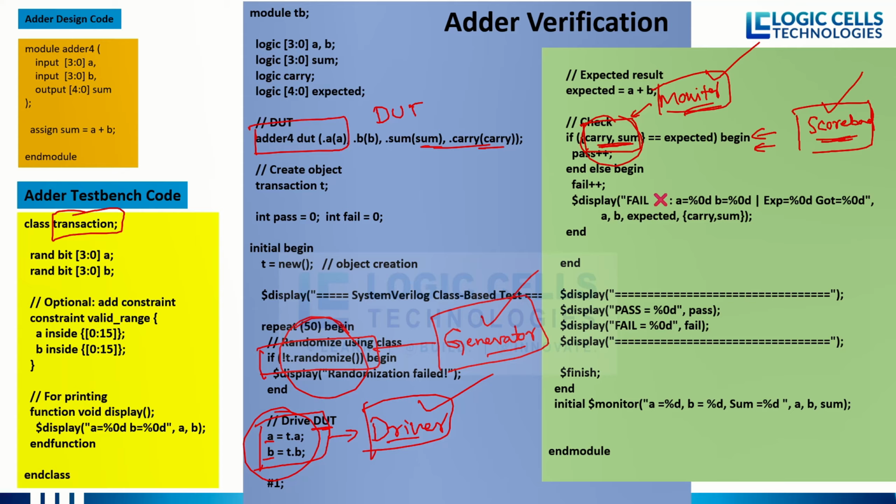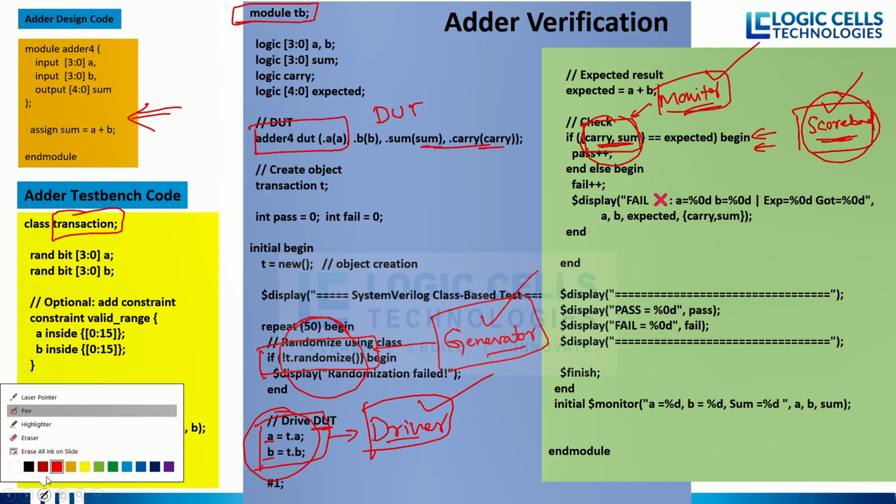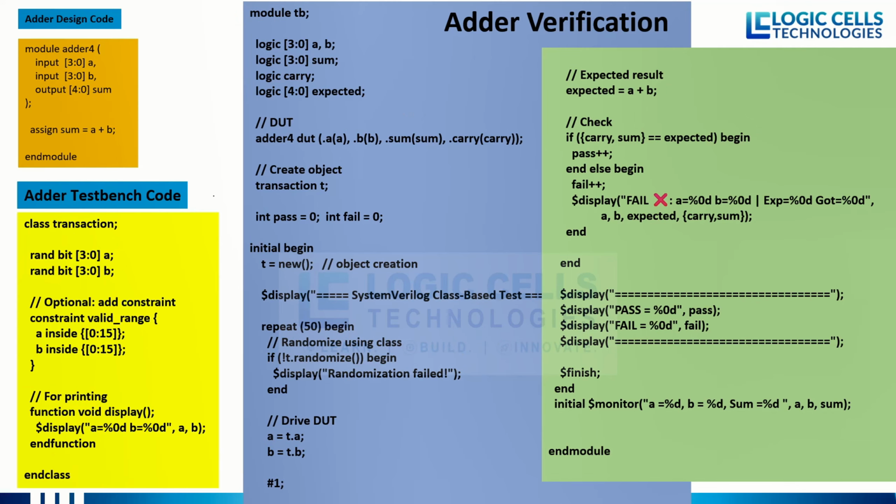I will generate a score in a class called scoreboard. This we are doing inside a simple module now. Why? Because this DUT is very simple. We can write everything here one after the other. But if your DUT becomes complex, as we separated out the data here and we are generating through randomize, we can also separate out the data generation. We can also separate out the driver. We can also separate out the monitor and scoreboard.